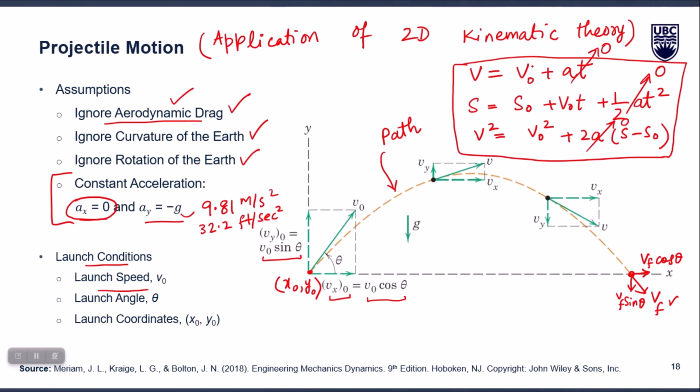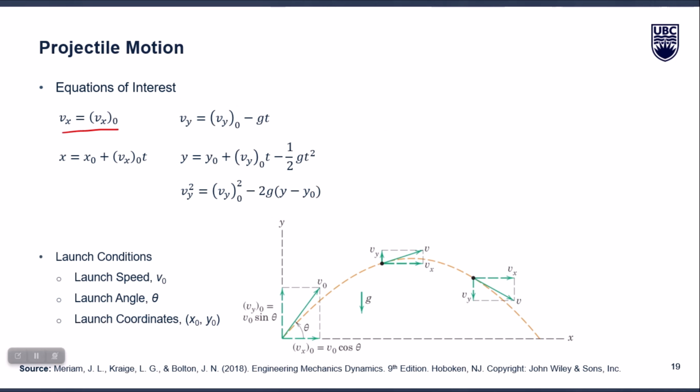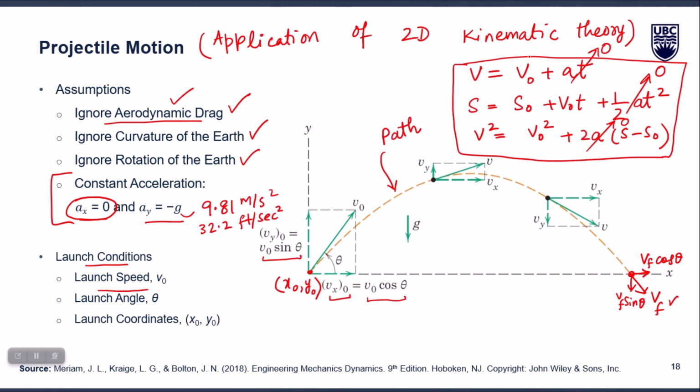So I go back again and just show you that when I apply the first equation for the x direction separately, it will become v sub x, and the second term will become the x component of the initial velocity. So we get this first equation when we apply the first equation, this one, in the x direction.